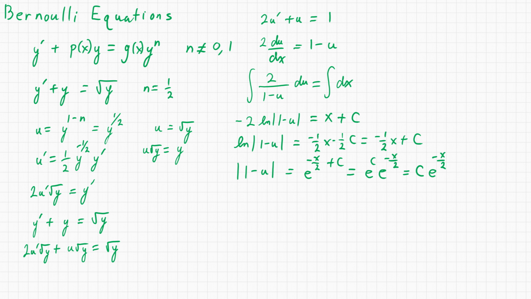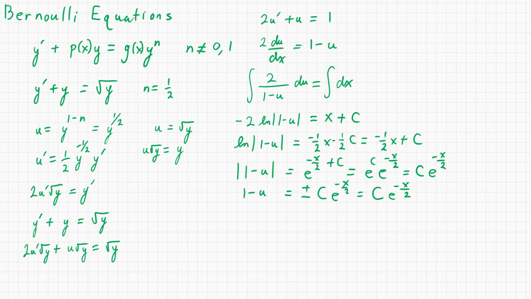All right. And right, this absolute value can be absorbed into the c, because either this is positive itself or negative itself, and the c can accommodate a positive or negative being applied to it. So this is 1 minus u equals slightly different constant, maybe a plus or a minus applied to that constant, times e to the negative x over 2. So it's still just a constant times e to the negative x over 2.